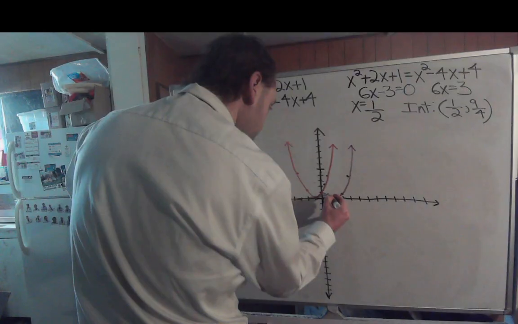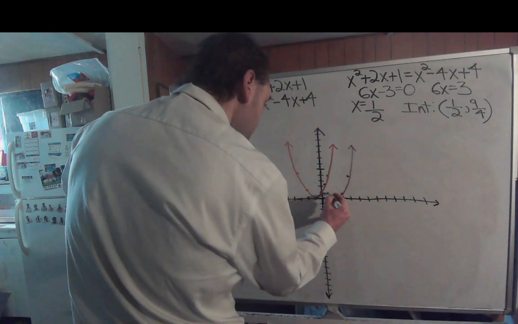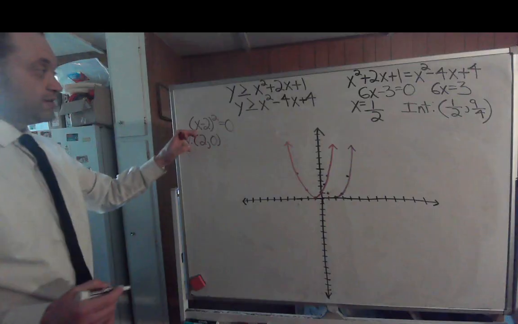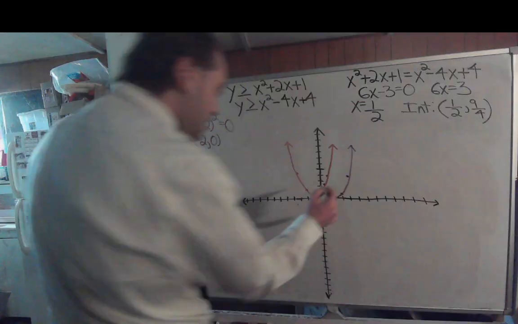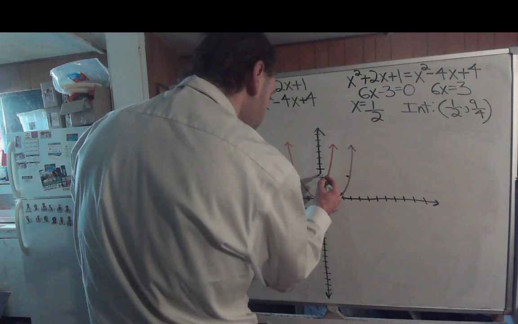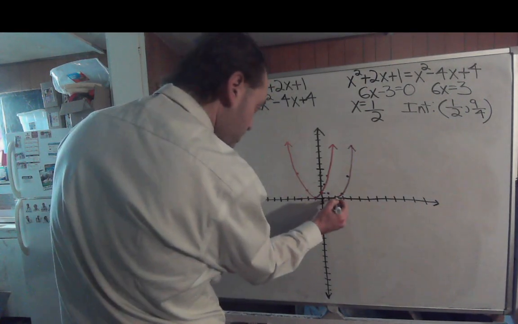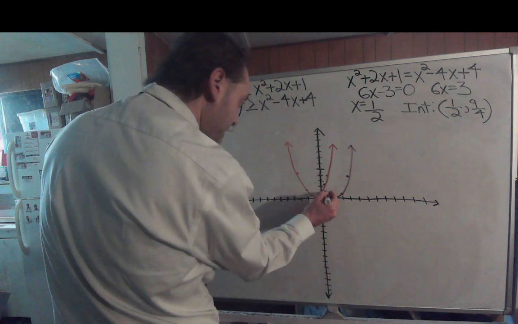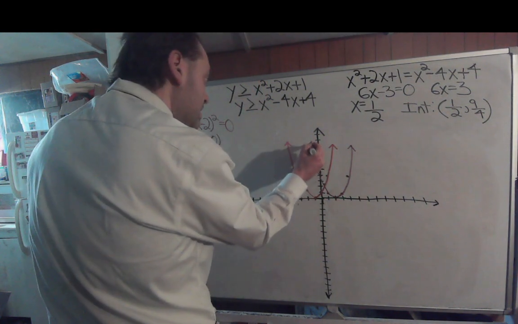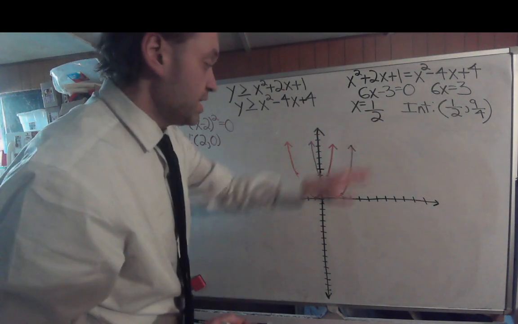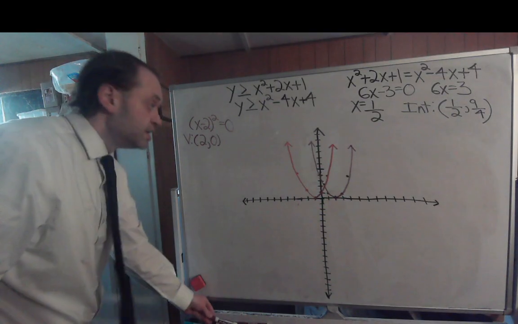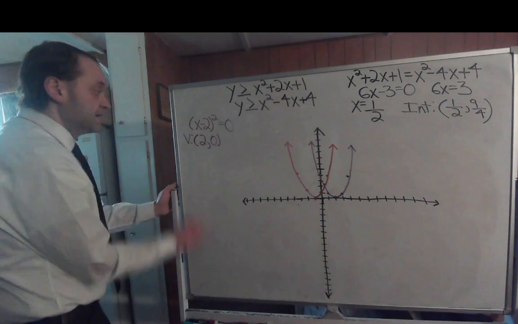If I put in 0, 0 minus 2 is -2 raised to the second power is 4. I'd have the point (0, 4). And notice here's the point of intersection. So you see now where these two parabolas intersect at that point (1/2, 9/4). So we got two parabolas side by side.